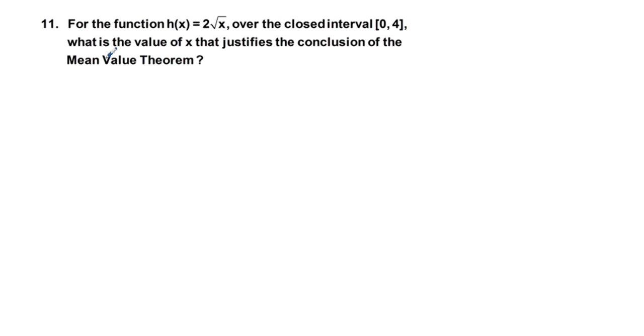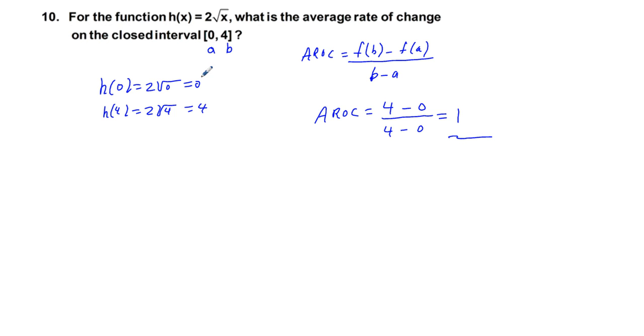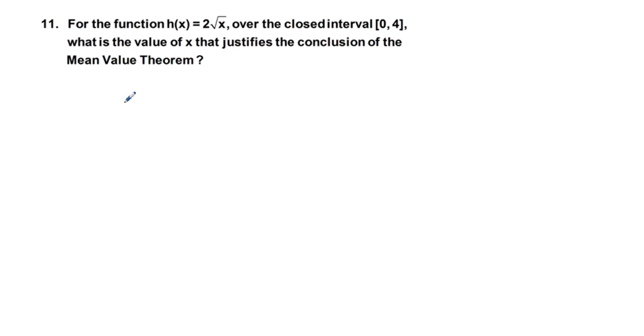Next, for the function h of x equals 2 square root of x over the closed interval 0 to 4, what is the value of x that justifies the conclusion of the mean value theorem? So that's really a continuation from problem 10, isn't it? So what we're going to do is find the instantaneous rate of change, but first we're going to set h of x equal to 2 x to the power of 1/2, because that's what the square root is.